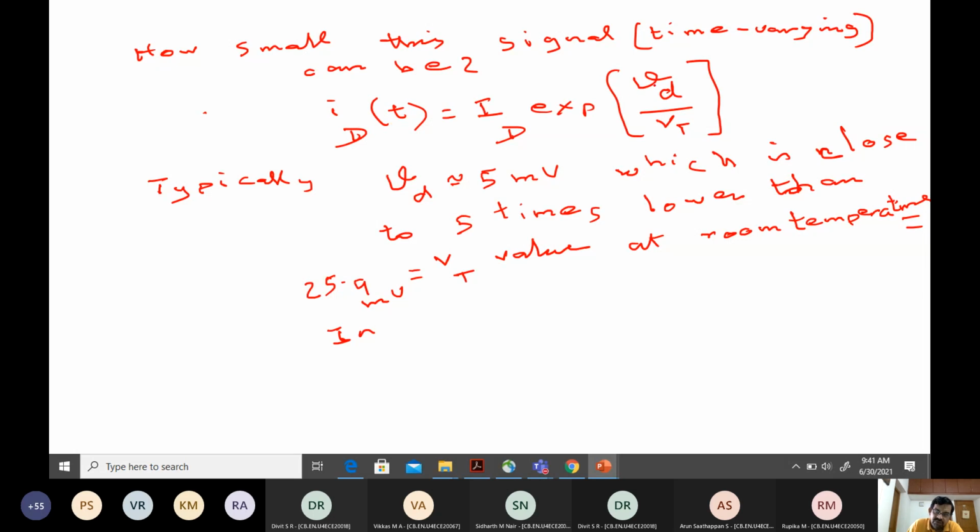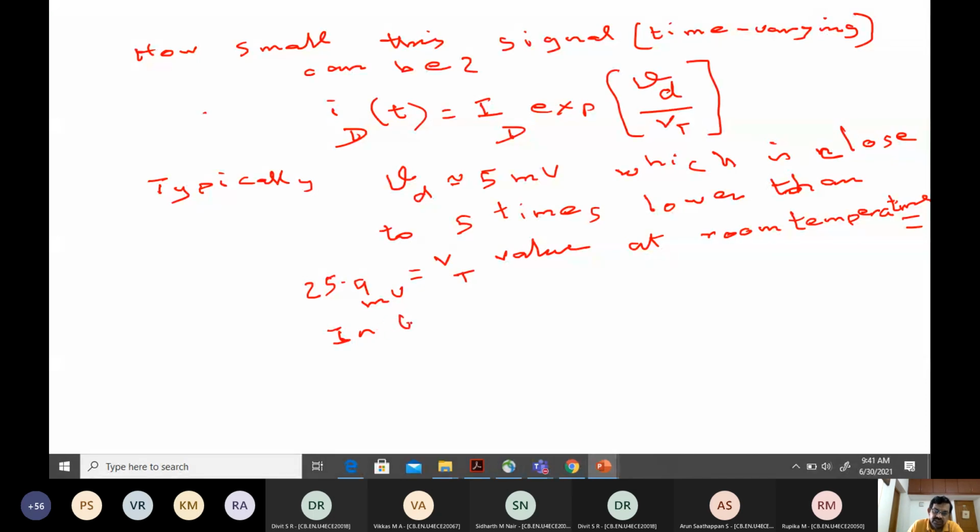So to accommodate the change in the voltage drop across the diode being small enough, the typical definition is that small v_d should be 5 times lower than the thermal voltage.